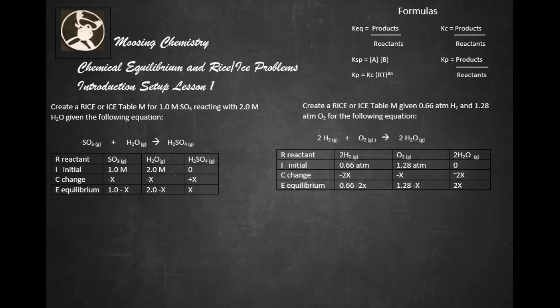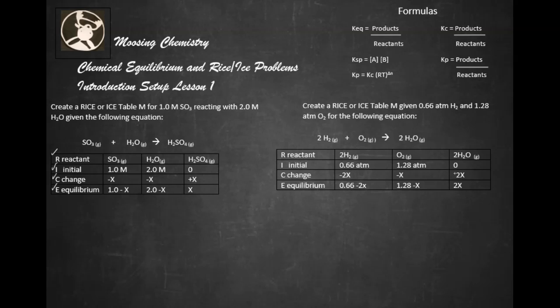It says create an ICE table for 1.0 M SO3 reacting with 2.0 M H2O given the following equation. Okay, so RICE, I like to use RICE. Sometimes most people use ICE, but RICE includes the reactant, the initial concentrations, the change in concentrations, and what it would be at equilibrium.